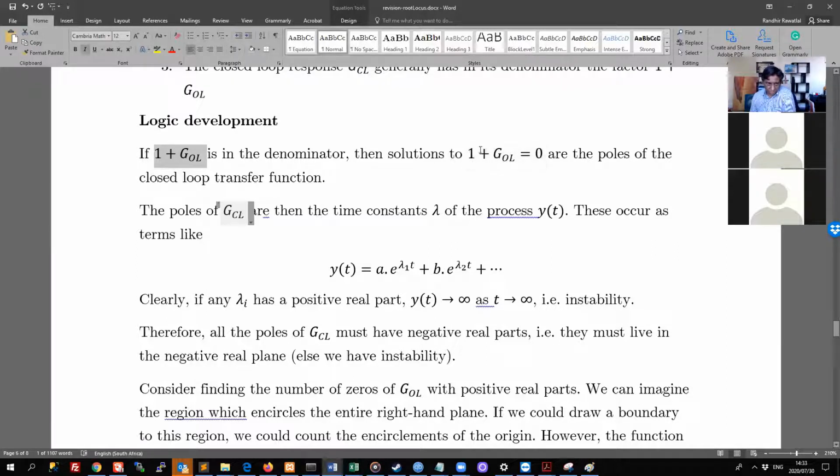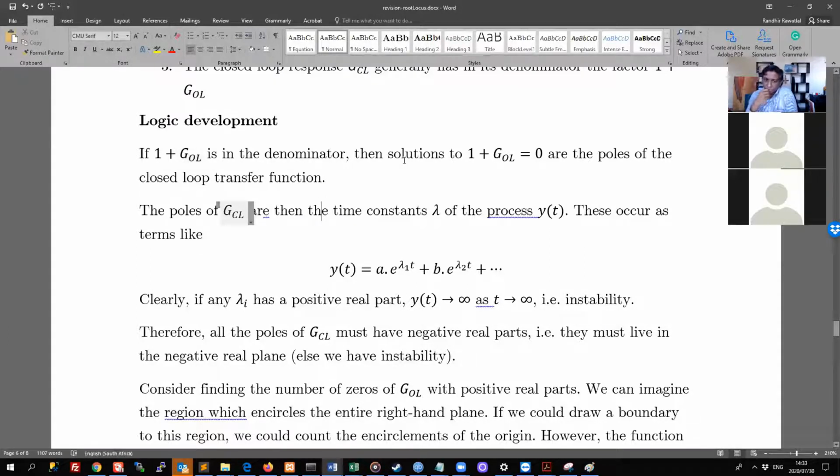So any solutions to 1 plus g open loop equals 0, those S values must be poles of the closed loop transfer function. If g open loop is -1, then we'll have a 0 in the denominator. So the closed loop function goes off to infinity. So it's a pole, right?